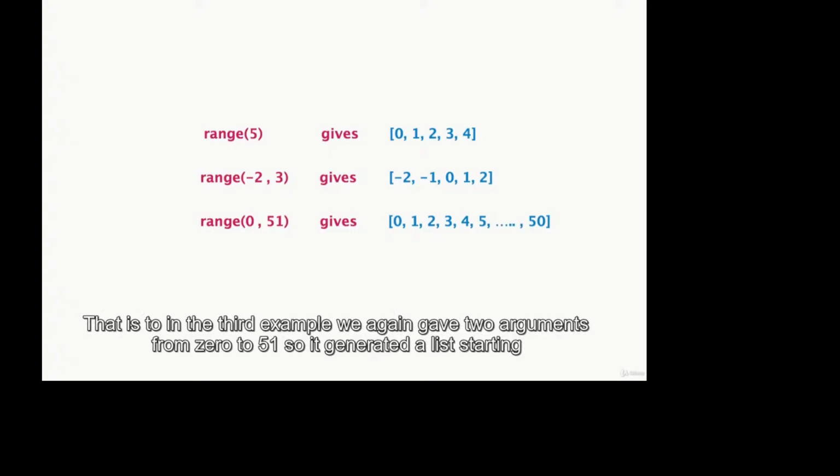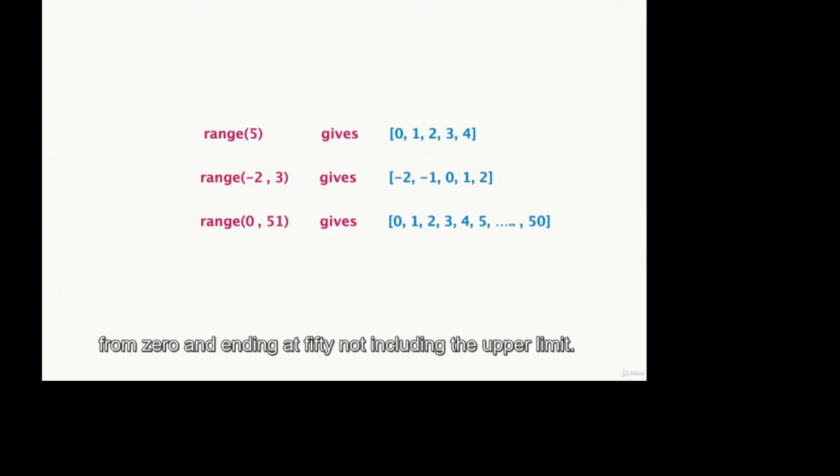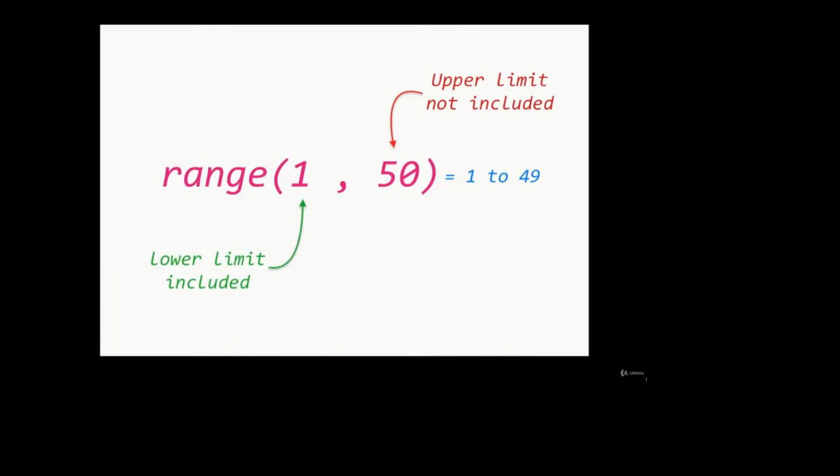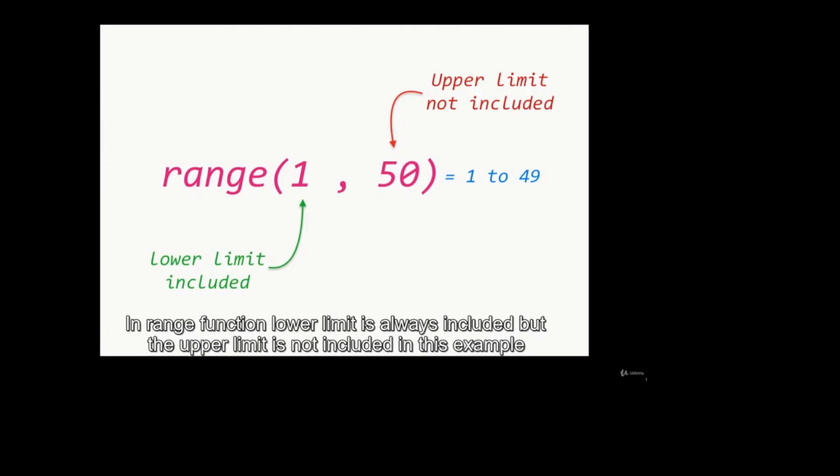In the third example, we again gave 2 arguments, from 0 to 51. So it generated a list starting from 0 and ending at 50, not including the upper limit. In range function, the lower limit is always included, but the upper limit is not included.